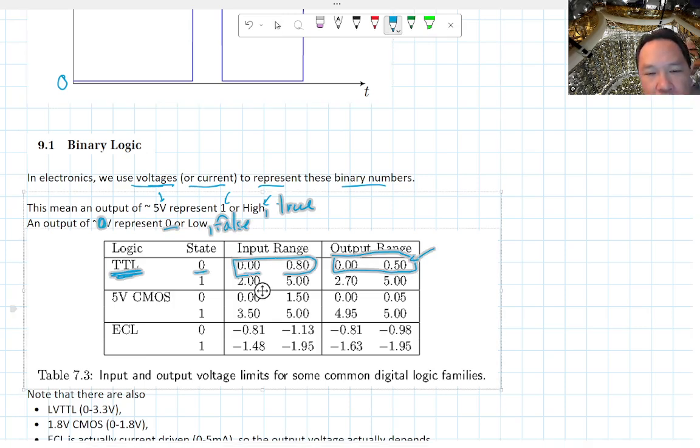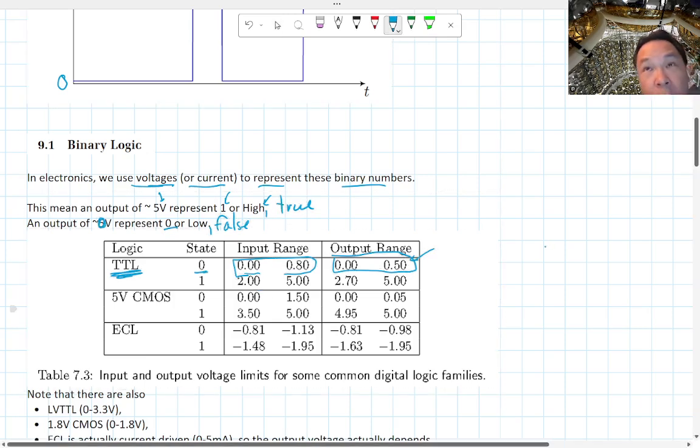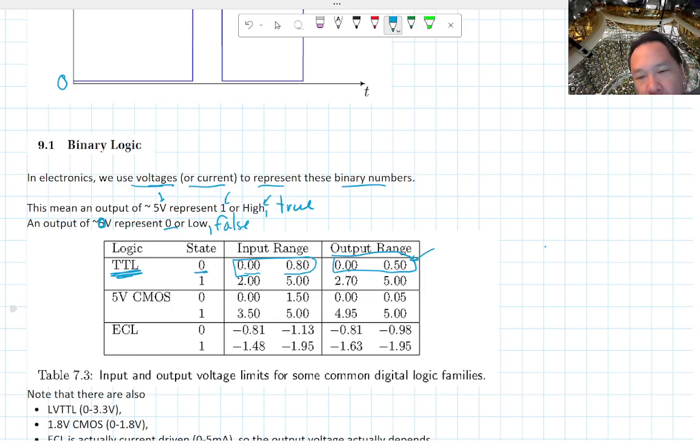So if an input is between 0 and 0.8 volts, so up to 0.8, if it's 0.81, then it's actually in an unknown state. It represents a 0, but if it's output from a device, it has to be between 0 and 0.5 volts. This way you also have a little bit of difference between them. Anything above 2 volts, up to 5 volts, represents a 1.